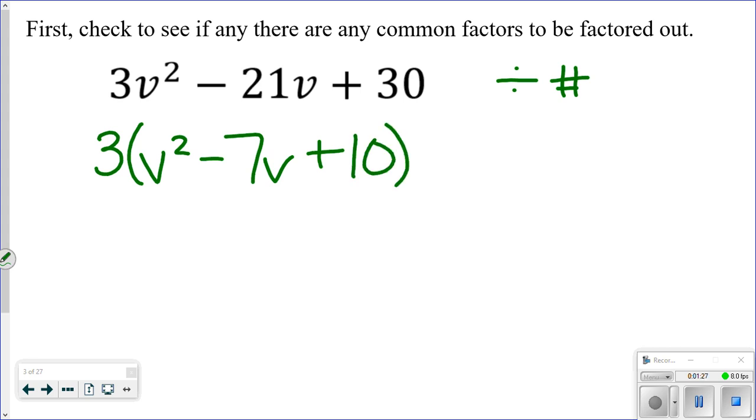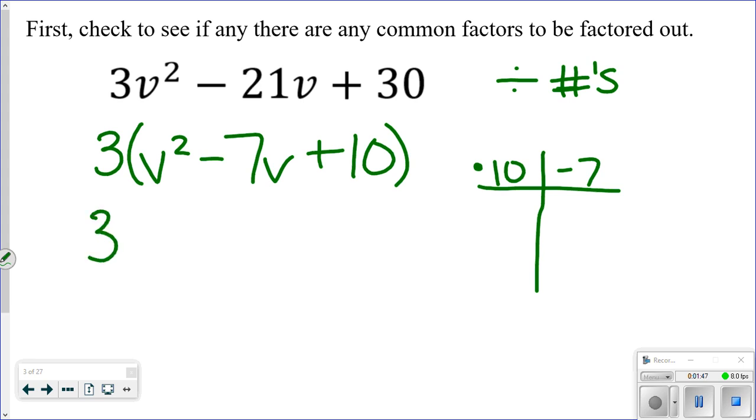And now we are going to keep going just like we've done factoring before up until this point. So we're looking for two numbers that multiply to get 10 and add to get that -7. I'm going to leave the 3 out in front. 2 and 5 multiply to get 10.